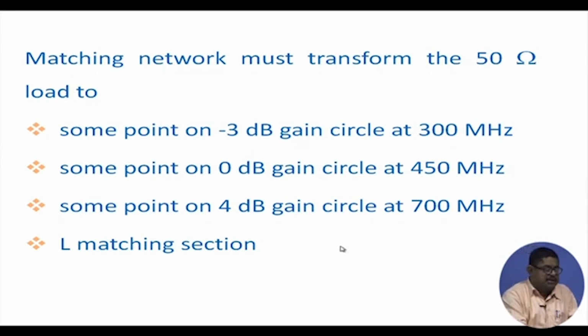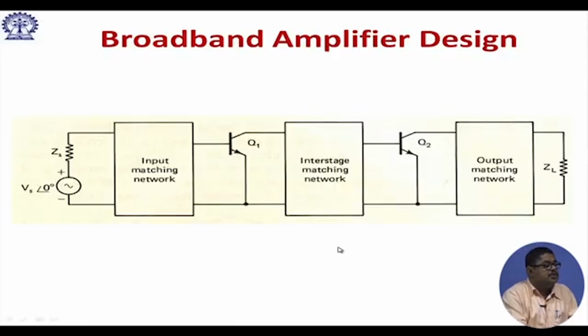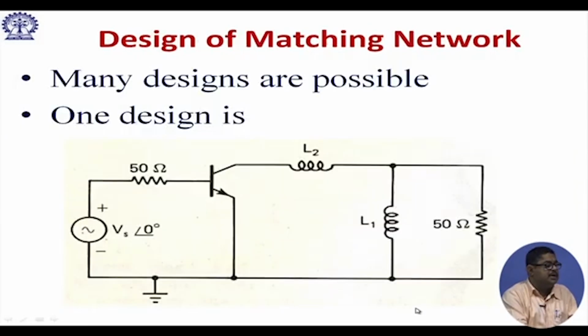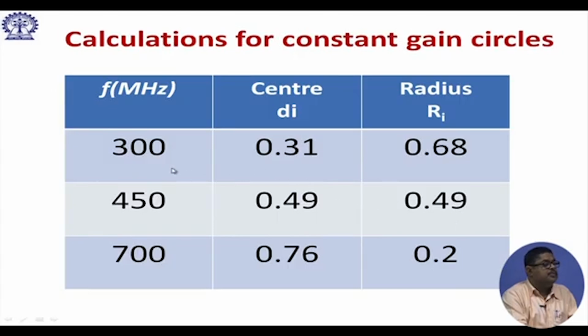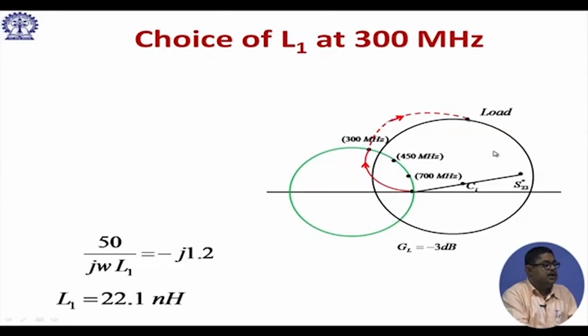In this example we have chosen input matching, output matching, and lumped element matching. So, many designs are possible. One design is like this. Constant gain circle, these are the calculations you can note down. Here I have the load.